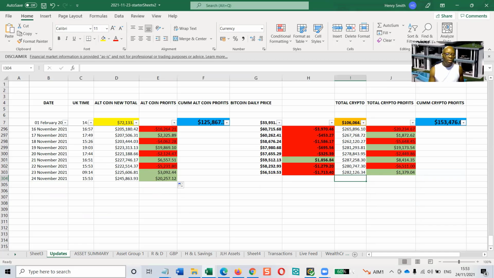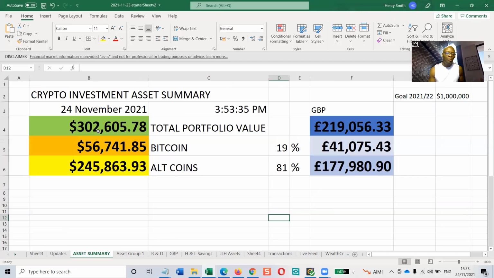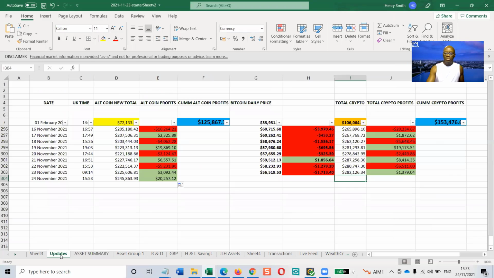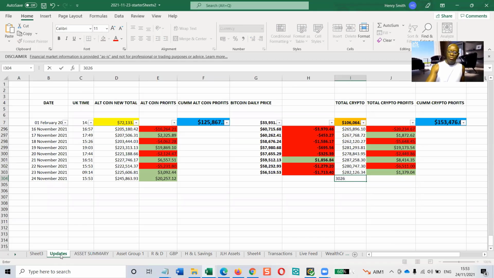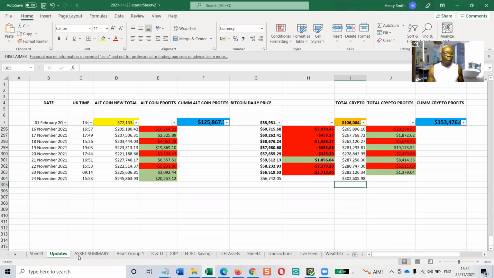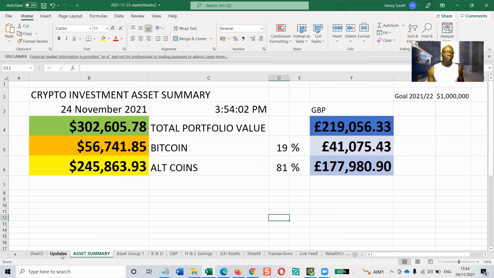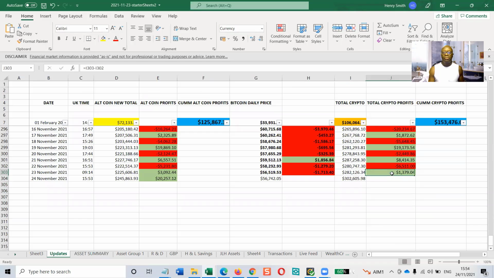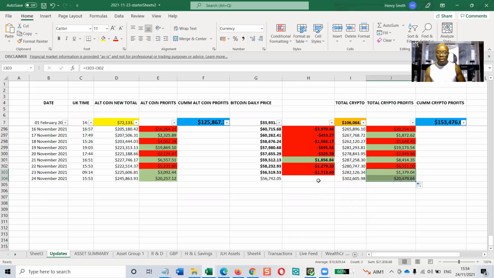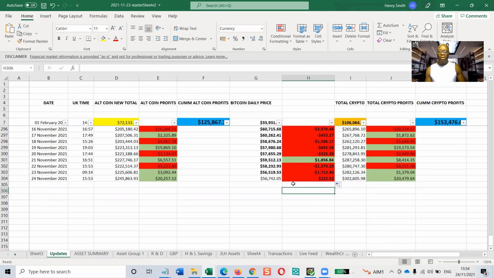So now our total is 302,605.98. So everything's ahead.